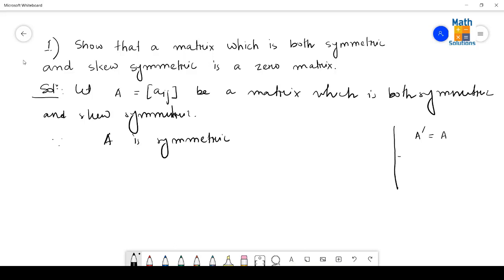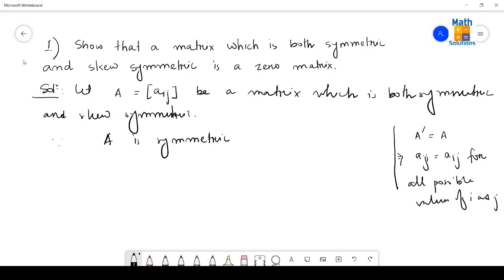So in this case, we can conclude that AJI is equal to AIJ for all possible values of I and J.